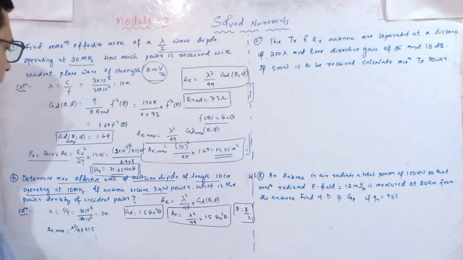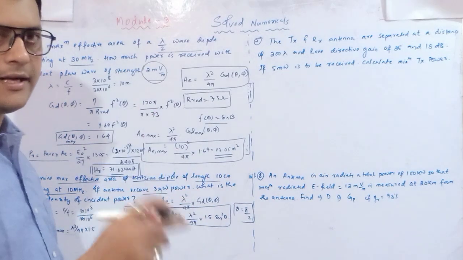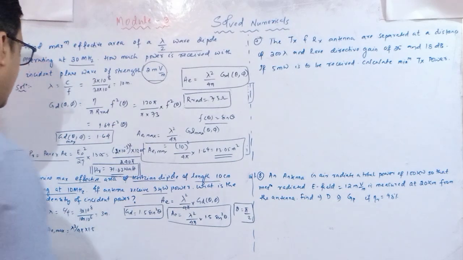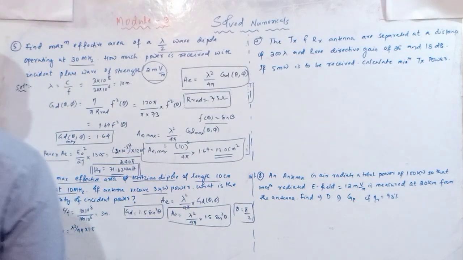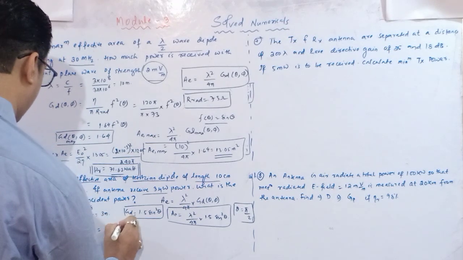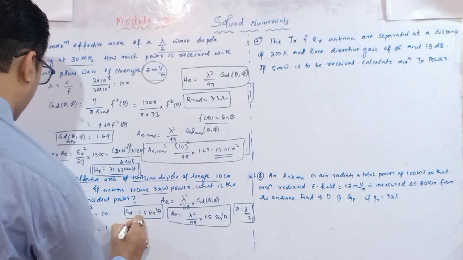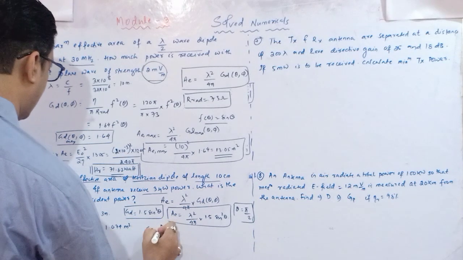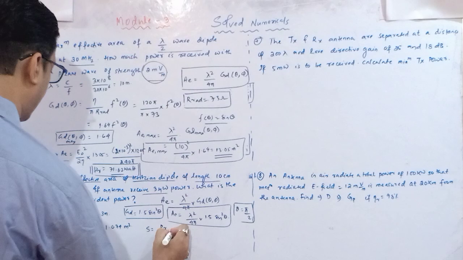Done. Now I have to determine the power density. Power density means received power divided by the effective area. My effective area is around 1.074 meter square, and my power density S is equal to received power divided by the effective area.